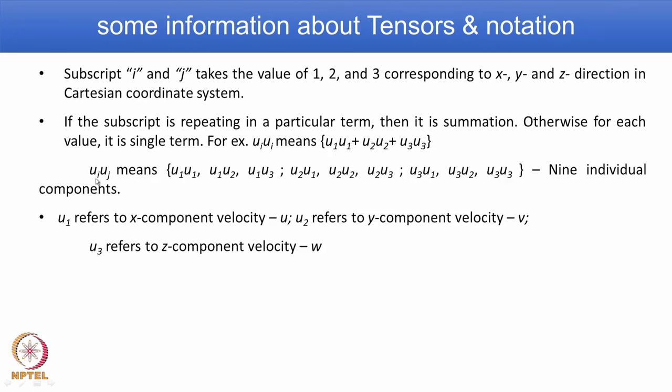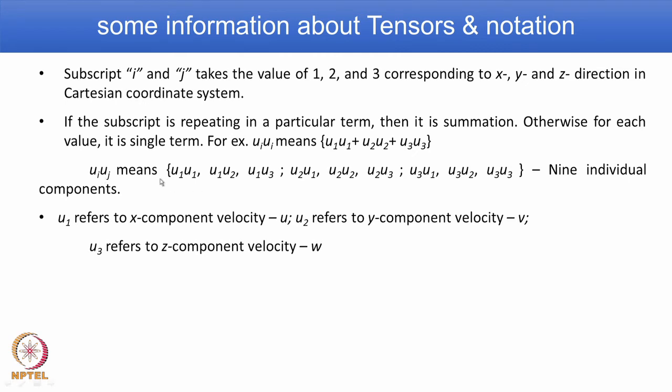If you write u_i u_j, the subscripts are not repeating; i takes a value independently 1, 2, 3 and j takes a value independently 1, 2, 3. So, we write a complete form: for every i value, j will take values 1, 2, 3.